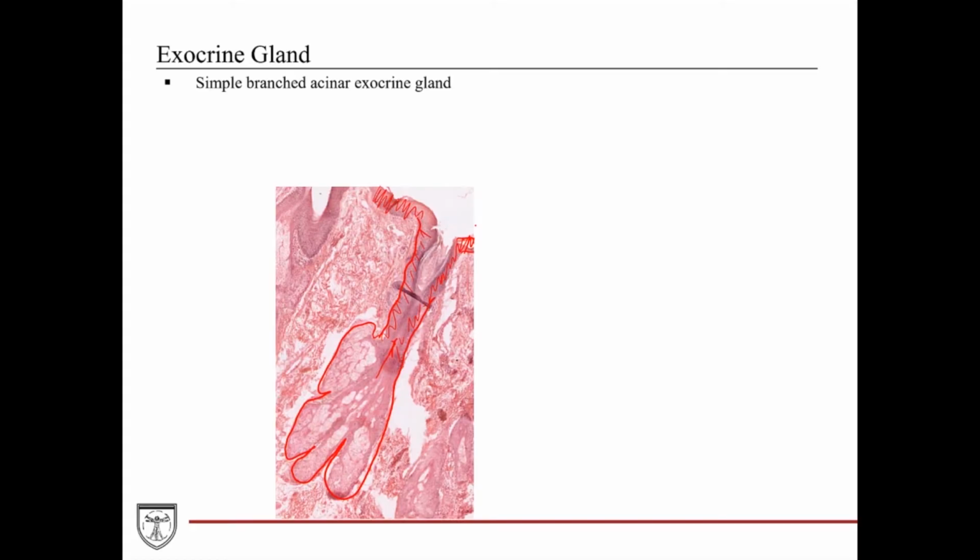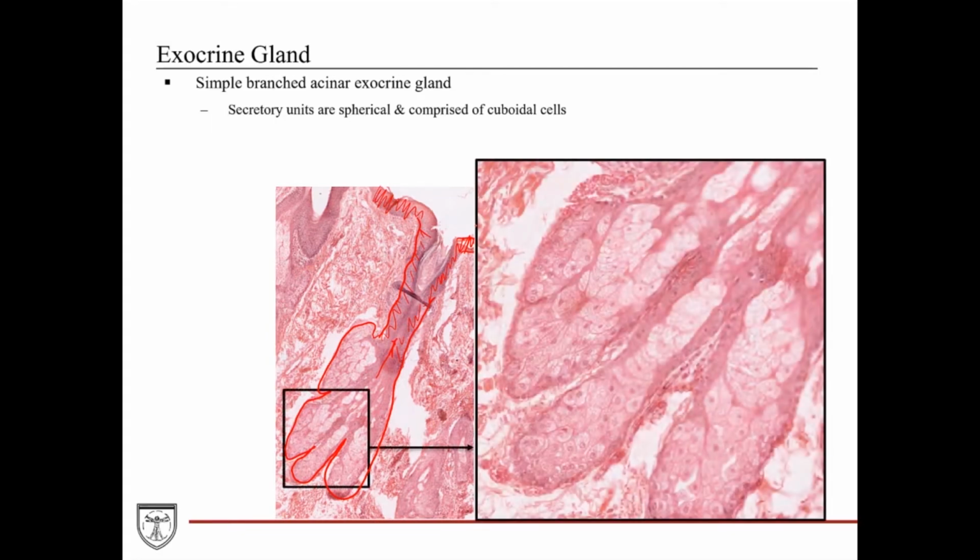Upon closer observation of the secretory units, what we find is that the secretory cells are these columnar-looking cells that are packed right up next to each other with little to no ECM in between, typical of the epithelial tissue.